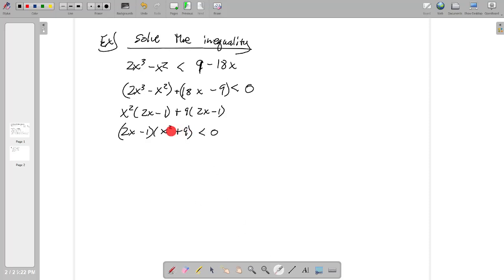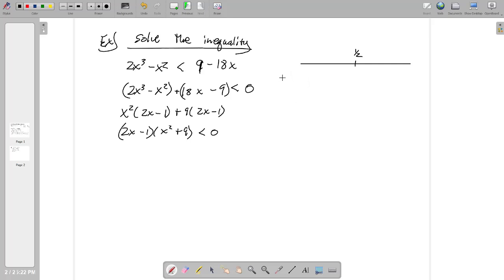Now I will note that this does not actually factor anymore. So the only solution when it's equal to 0, not less than 0, but equal to 0, would be at 1/2. So we take that, the 0 of the polynomial, and we plot all of the zeros on a number line. 1/2 is the only 0, so that's the only one we need to plot.